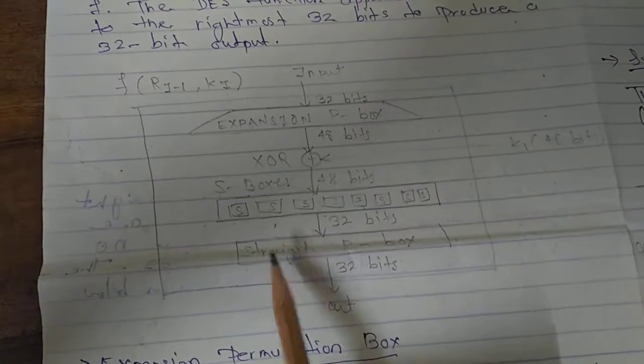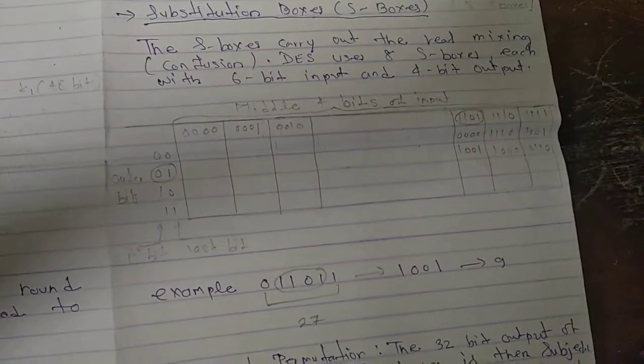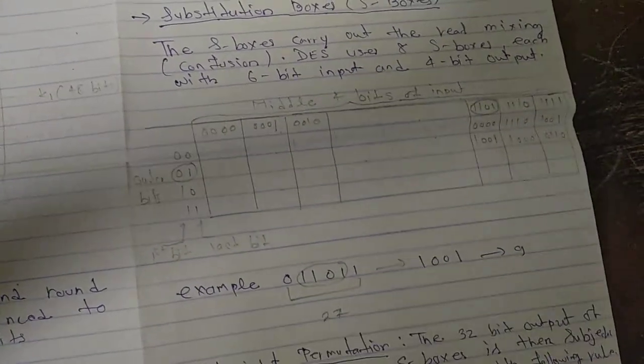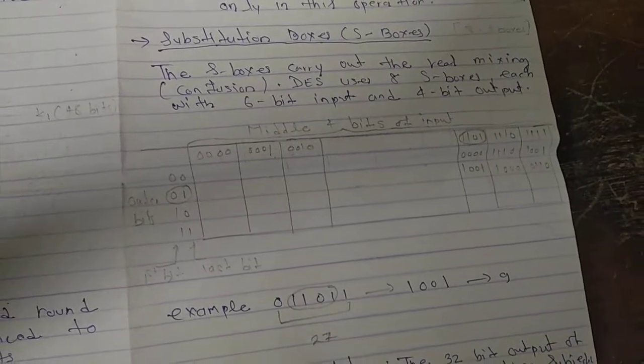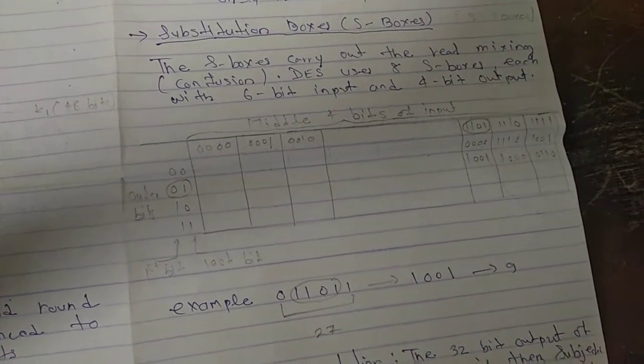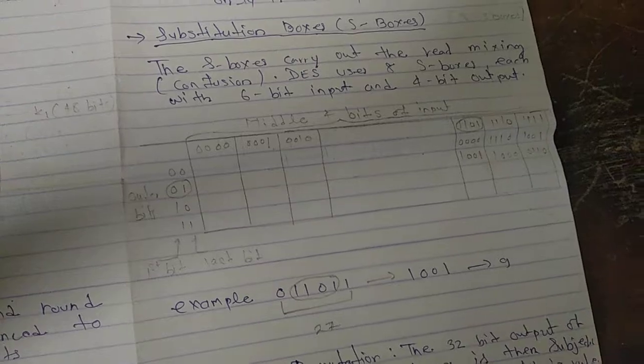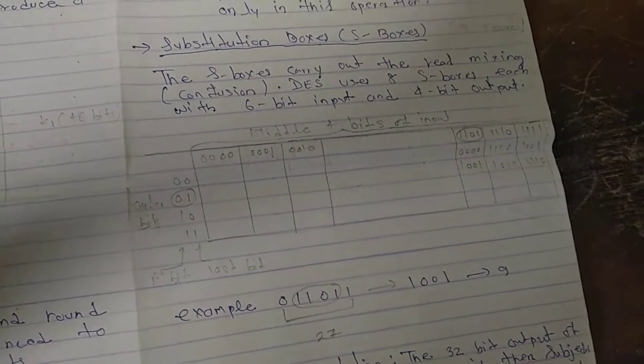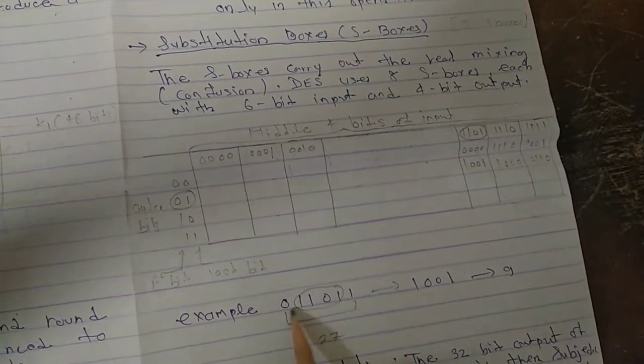Now, as we discussed, the S boxes. How exactly are the S boxes working? We discussed that there are 8 S boxes. Now see how exactly they work. I have a 6-bit input for the S box. Now let's see how that will be converted into 4-bit. This is the 6-bit input.